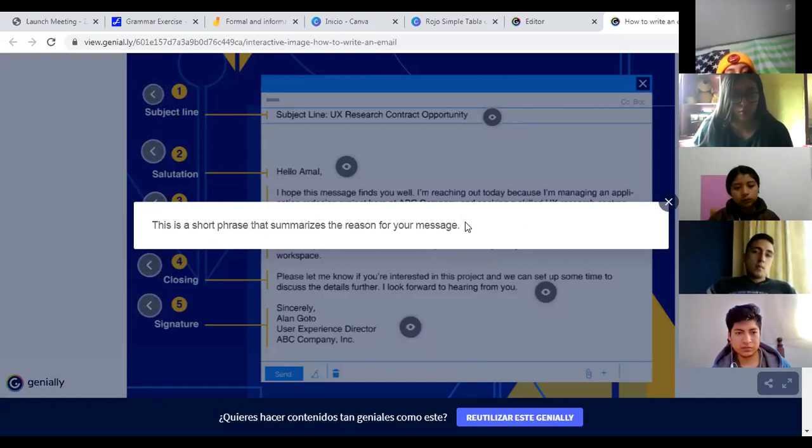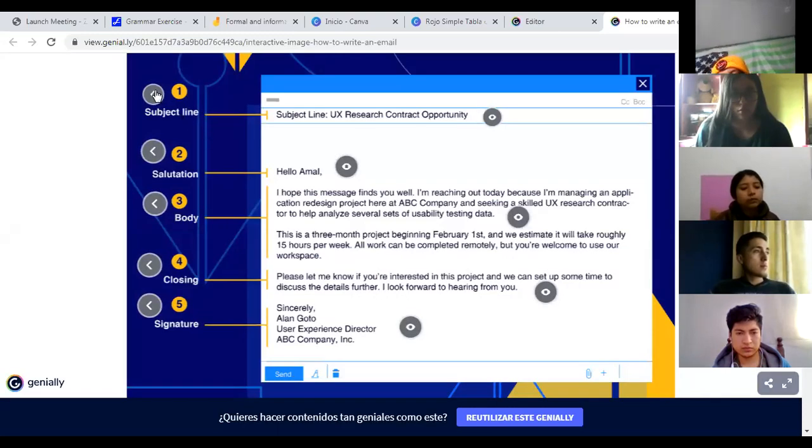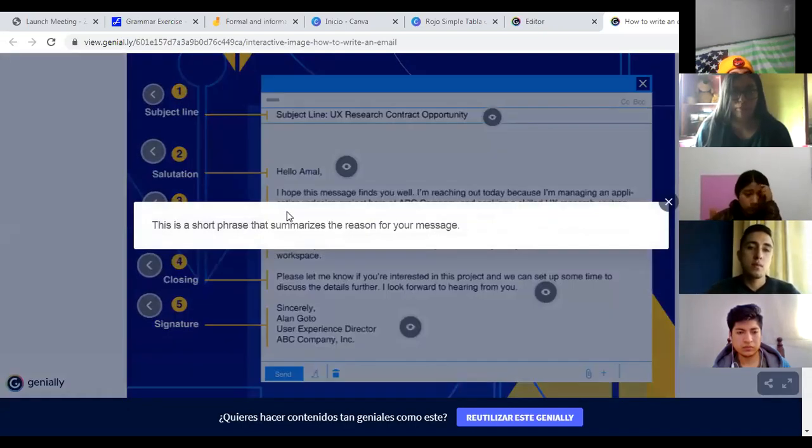Yes, read that sentence. This is a short blurb that summarizes the reason for your message. Thank you, girl. That's it. So, as you see, the subject line is a short phrase. Even if it's formal or informal, it's short but summarizes the reason for the whole message.